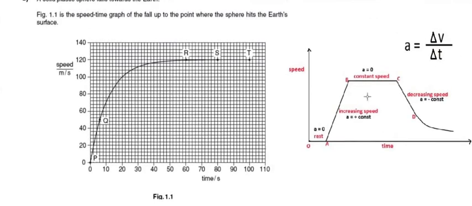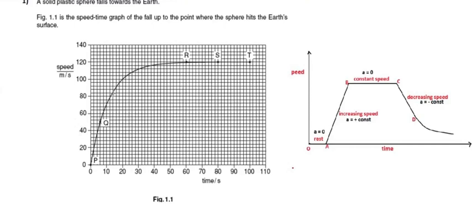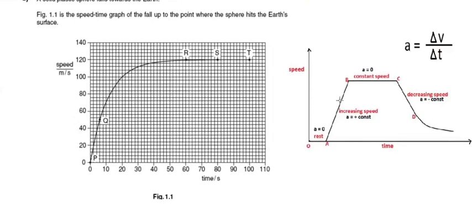So you can see this is the graph, and the x-axis is the time axis, the y-axis is the speed. You can see the speed is increasing rapidly here, then it is slowly increasing, and at last it is becoming constant. We had already seen this kind of slide while learning the motion chapter.